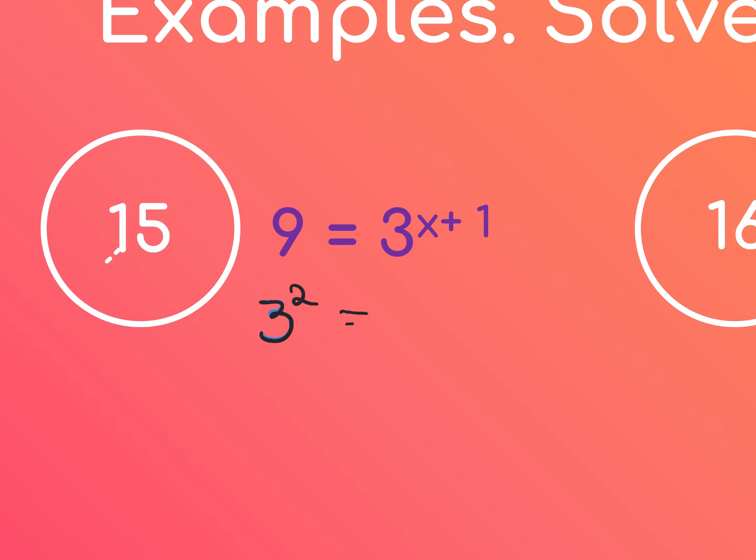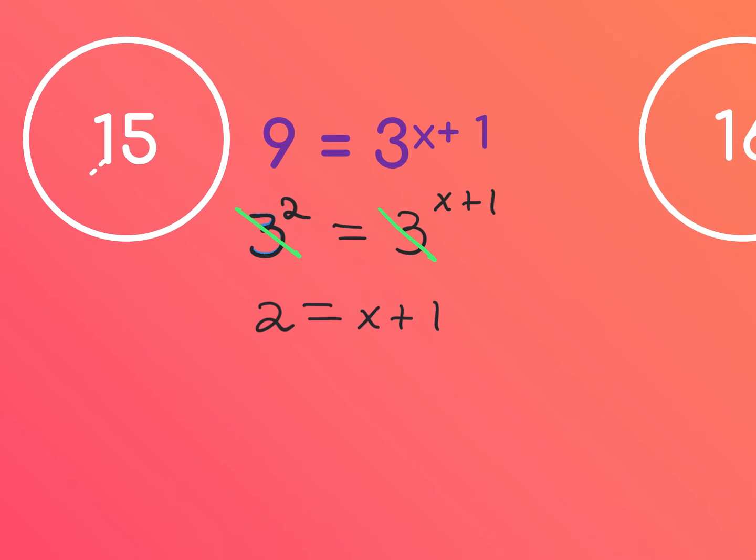Then this side I leave alone. It's 3 to the x plus 1 power. Now that I have identical bases, I can get rid of the base, and now I'm going to solve the equation that remains. I am going to set 2 equal to x plus 1. I'm going to solve for x by subtracting 1. 2 minus 1 is 1, and x equals 1.